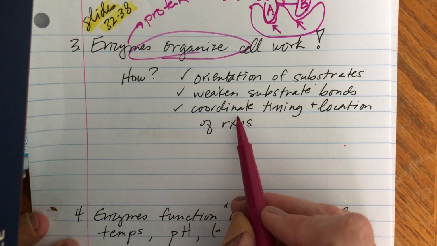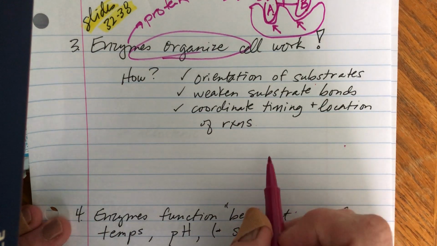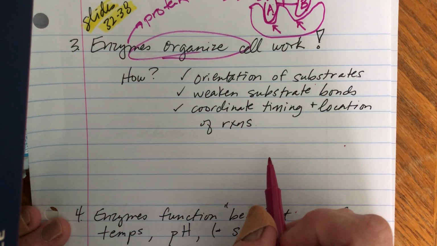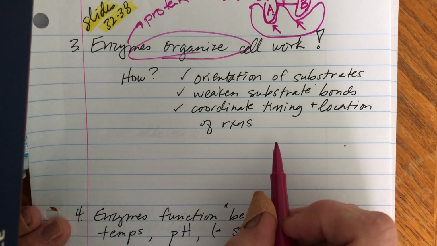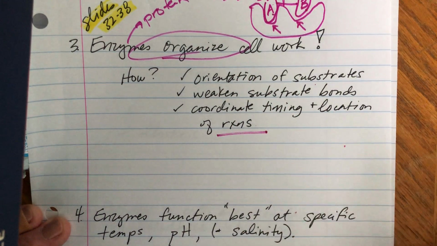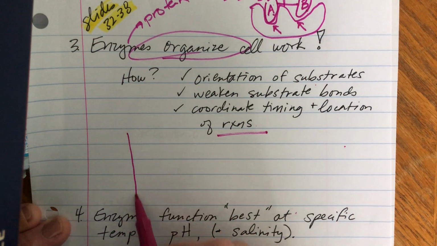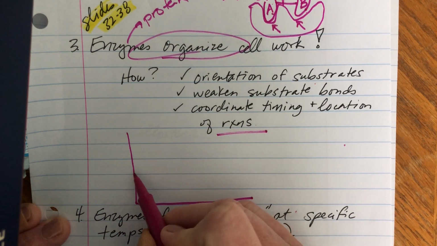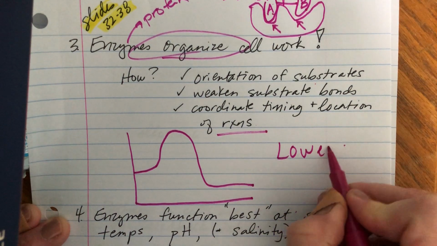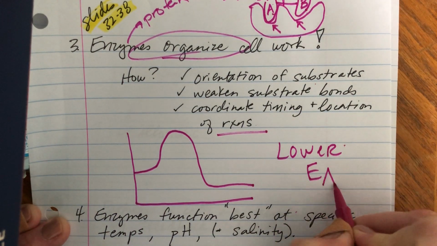They allow cells to coordinate the frequency, the location, when, where, why, and how the reactions are happening. So enzymes organize all cell work. One thing that you should know is that enzymes lower activation energy.